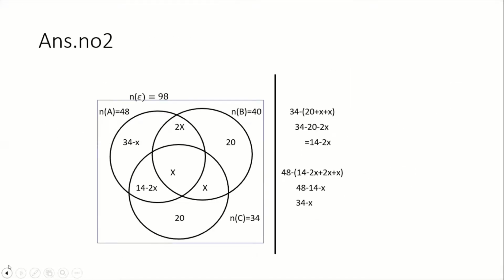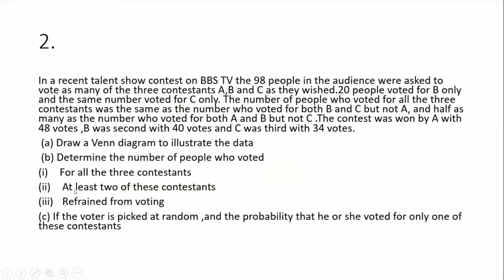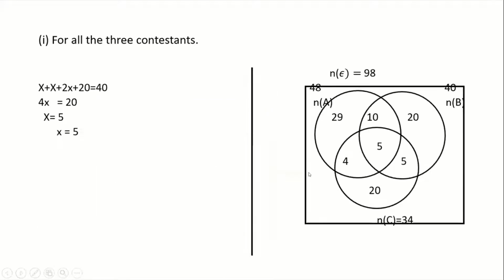So we're still going on with our question. It's telling us determine the number of people who voted for at least 2 of these contestants. Now, at least 2 means 2 and above. So the least number is 2, that is 2 and above. So we get back to our Venn diagram. At least 2 is 10 plus 5 plus 4 plus 5.